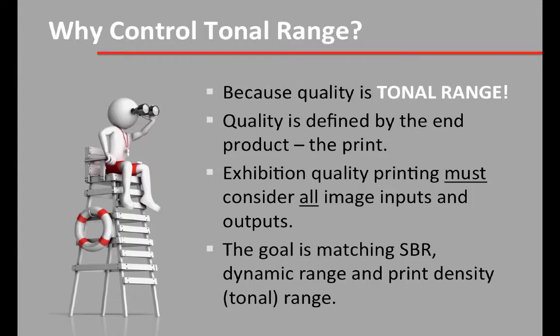This is important because quality is often not about sharpness. Quality in a photographic print is about tonal range. Quality is generally defined by the end product, which in most cases is a print on the wall, a print in a folio.